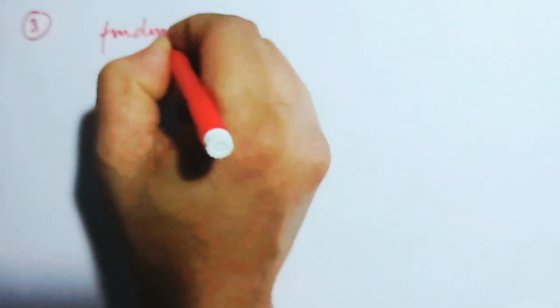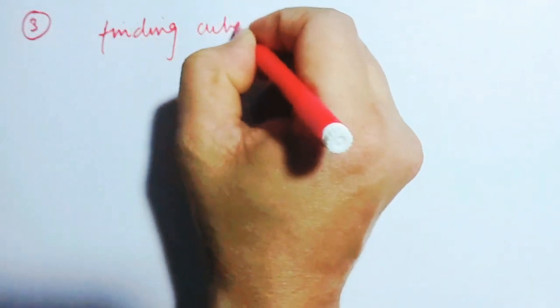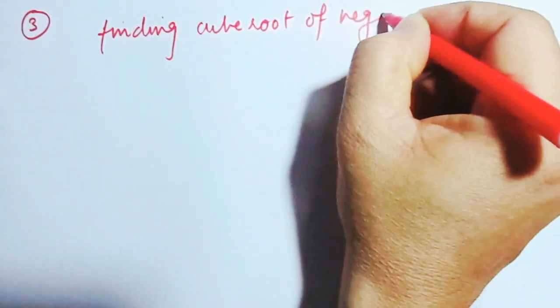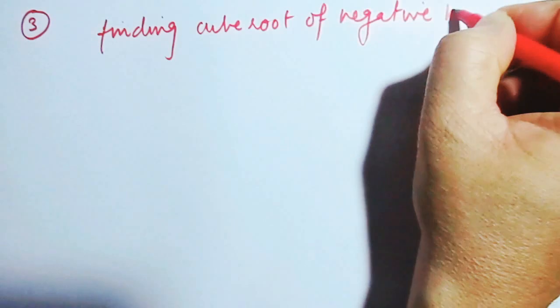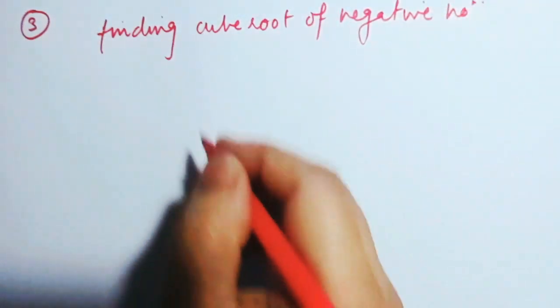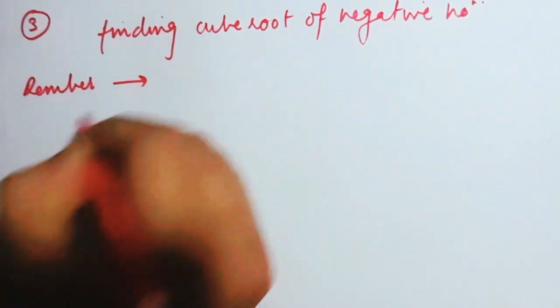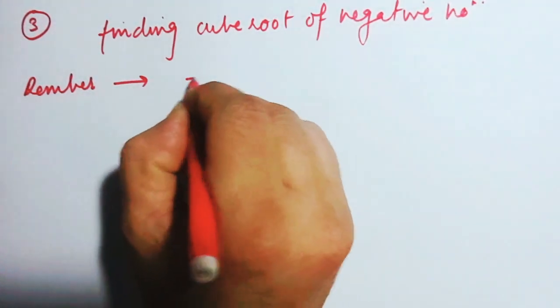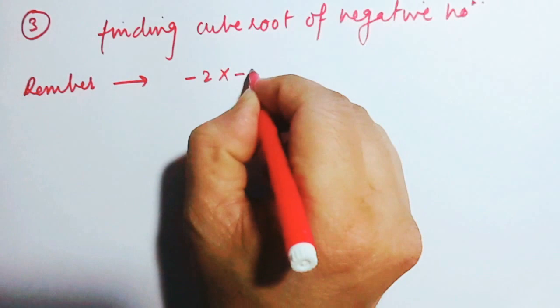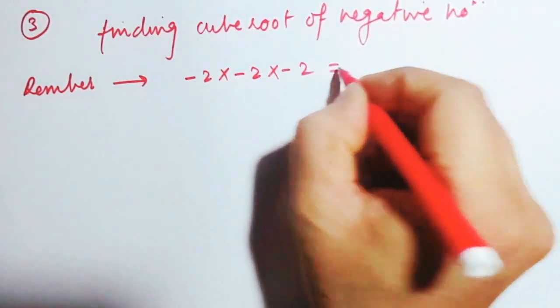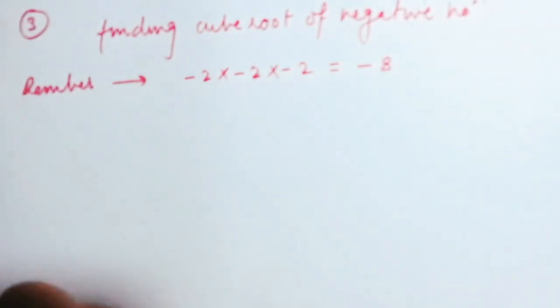Find cube root of negative numbers. So this is very important. Remember that minus 2 times minus 2 times minus 2 will give you minus 8.